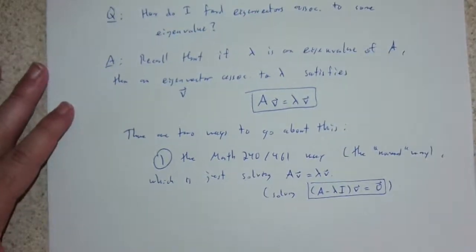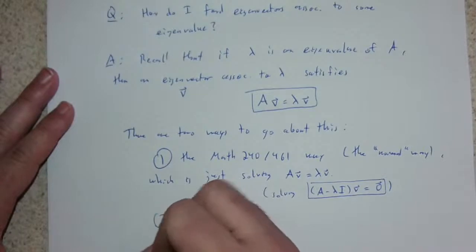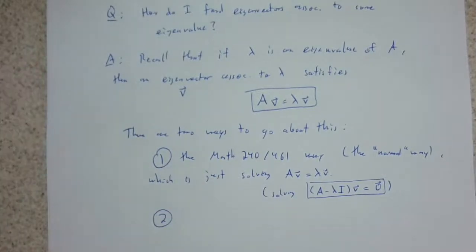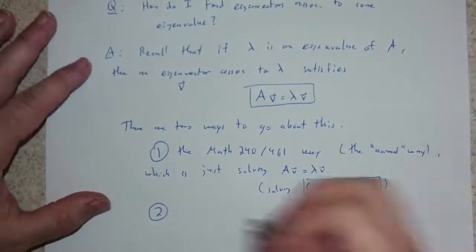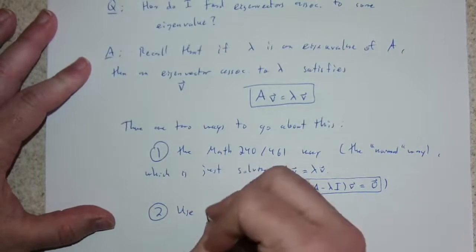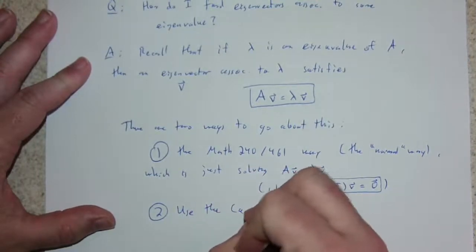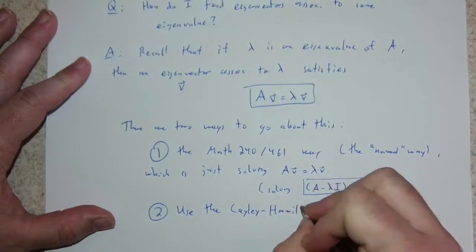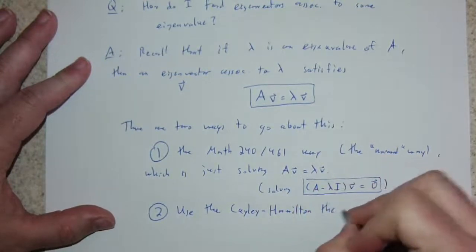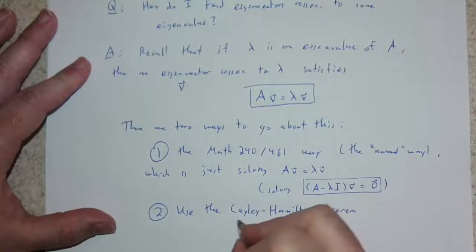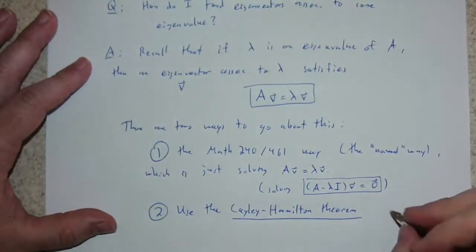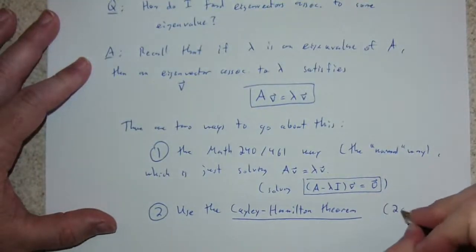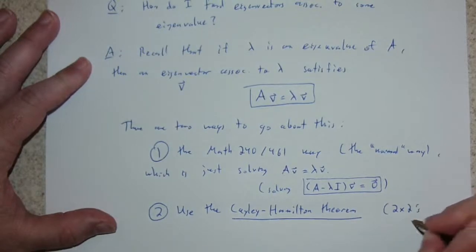I'm going to go through how to do it this way. The second method is to use what's called the Cayley-Hamilton theorem. This we're going to do for 2 by 2's only.